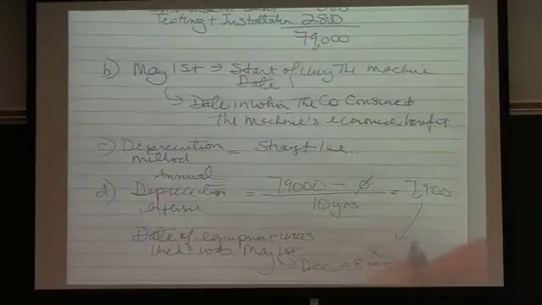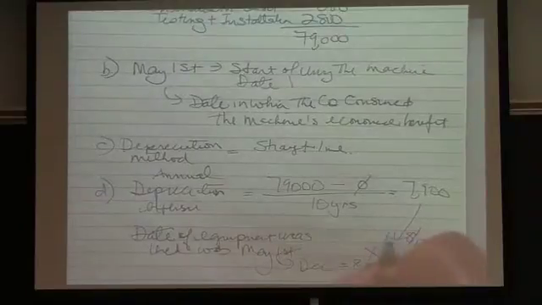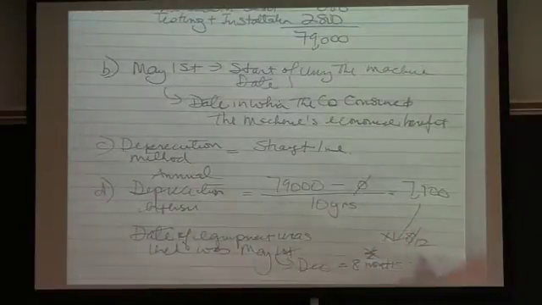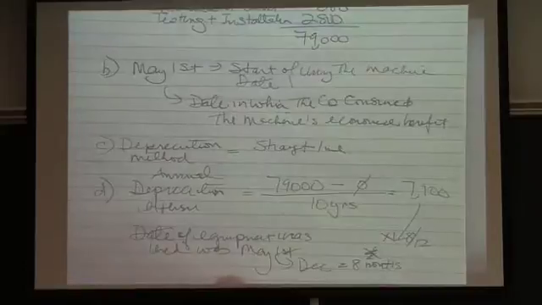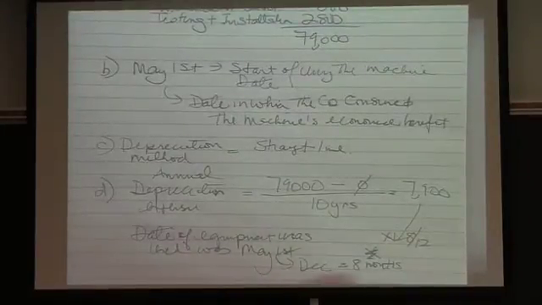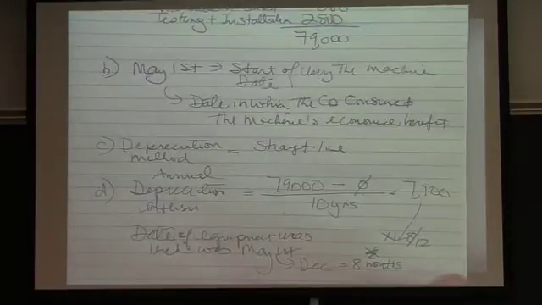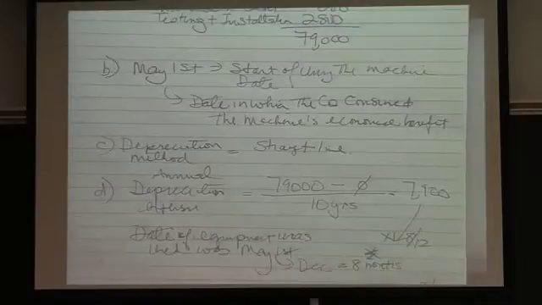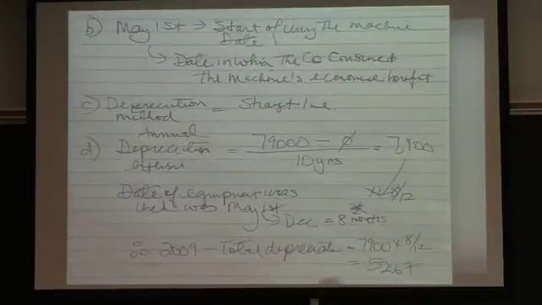So we need to multiply by 8 over 12. So therefore, in 2009, total depreciation equals 7,900 times 8 over 12, which is 5,267. That would be the first year.